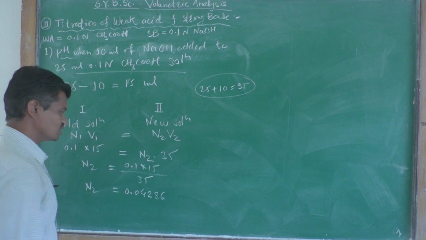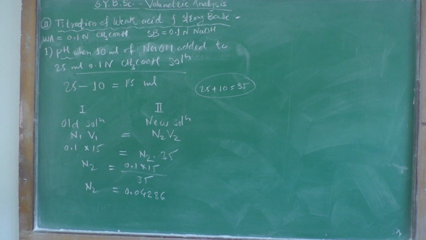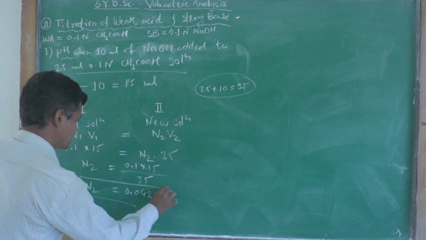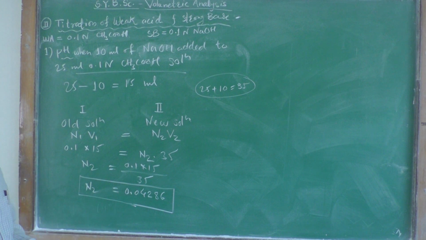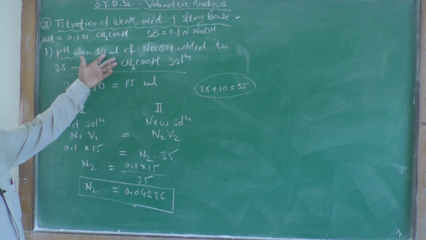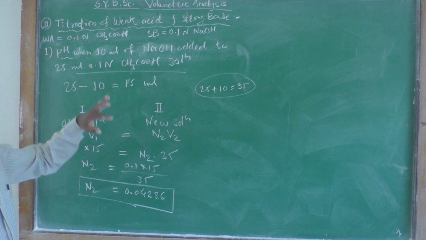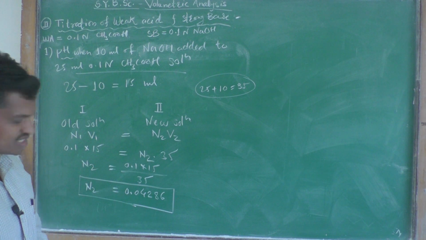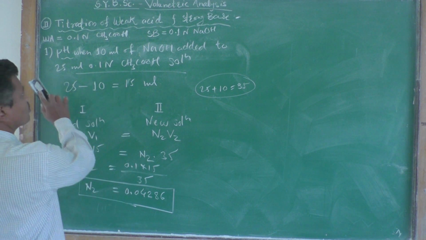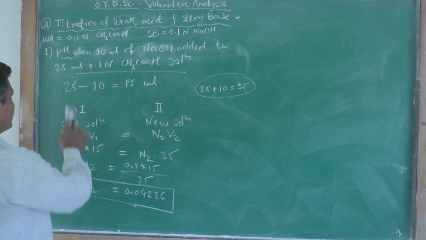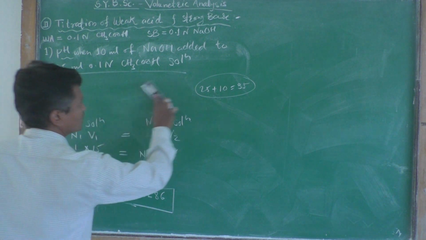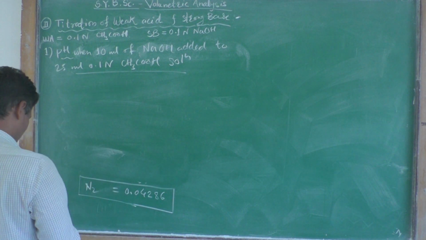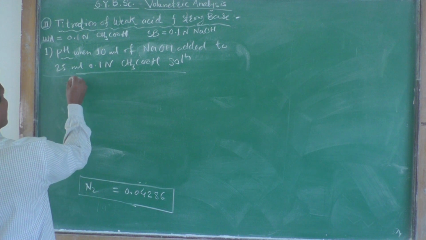0.0426 normal. So this is the concentration of acetic acid in the conical flask when we are adding 10 ml of NaOH from the burette. This figure is important for the further calculation, so I am putting it here.